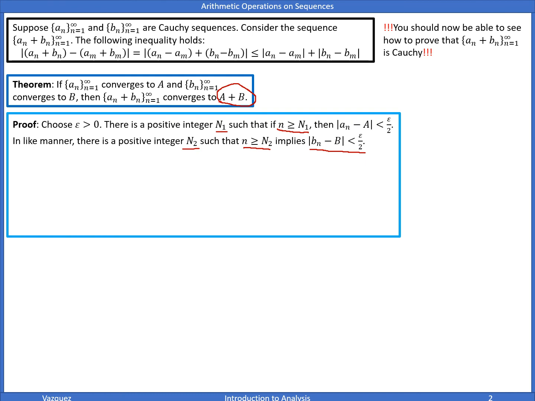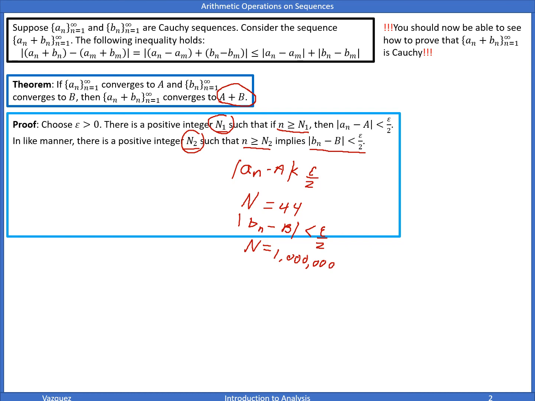That's all we're saying. The reason we're using N1 and N2 is because maybe |a_n - a| isn't less than epsilon over 2 until n is equal to 44, and with |b_n - b|, maybe that isn't less than epsilon over 2 until n is equal to 1 million.